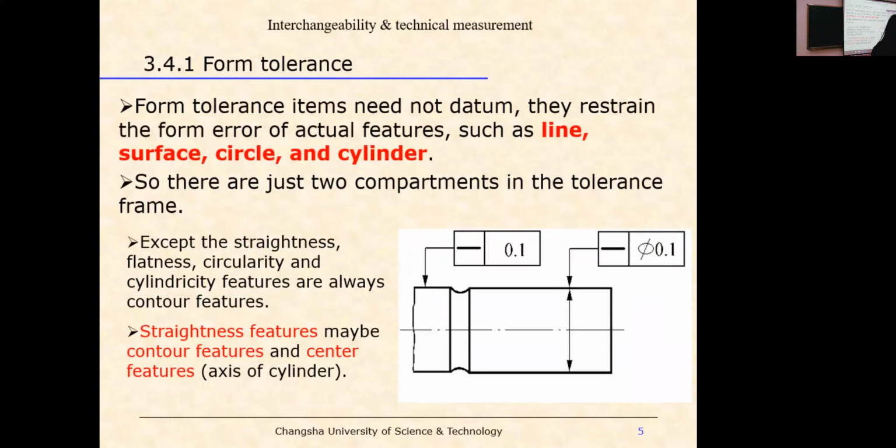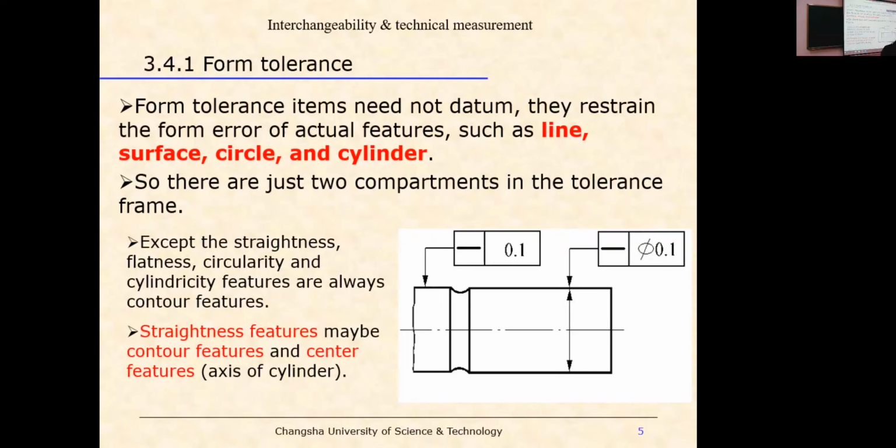The surface tolerance, like this, is the line, because it is the surface. So we use this line and the actual line. This is the tolerance t, right? But what is the axis? Axis line. So we use a cylinder to restrain this line, right? So his tolerance is we use phi 0.25, right?